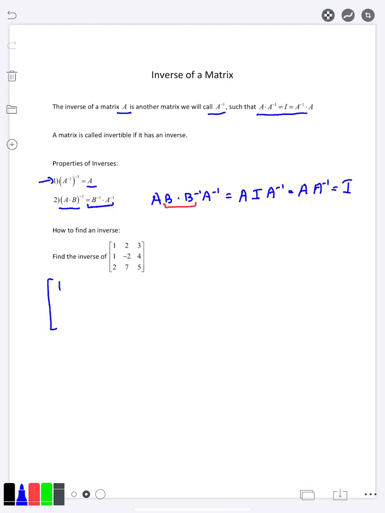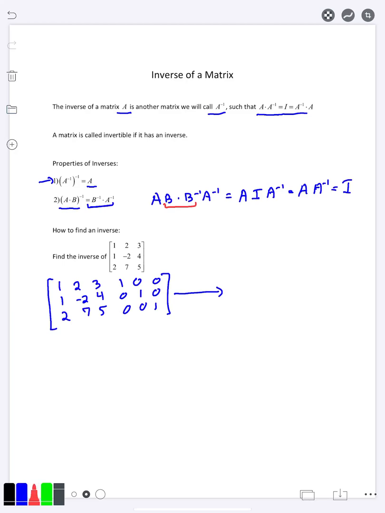So the idea is you write down your matrix, but you want to leave yourself some room on the right side because you're going to write in your identity matrix here. And then what you're going to do is row operations until you get the row echelon form here, the ones and zeros on the left side.